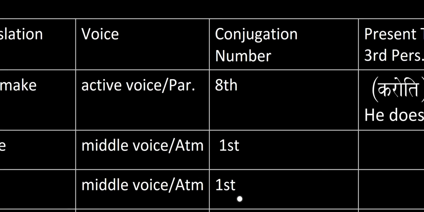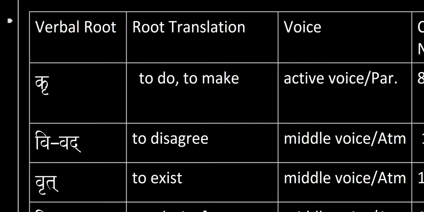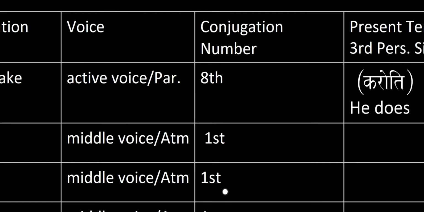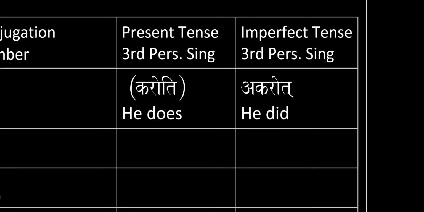So you should be able to use the voice and the conjugation number along with the root provided to you so that you can get the right conjugation for the third person singular. So you can get the verbal base, and then you'll add your termination ending for the present tense, and then you'll add your termination ending for the imperfect tense.